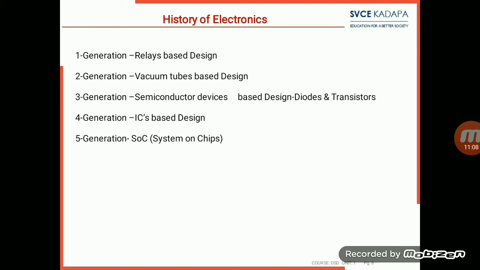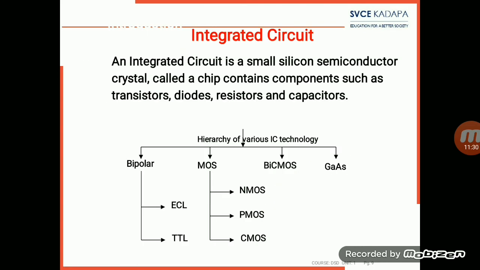The present digital system designs are all based on SoC. So whatever mobiles, these Android mobiles, and i3, i5, i7 laptops also use the system on chip. This is the history of electronics.